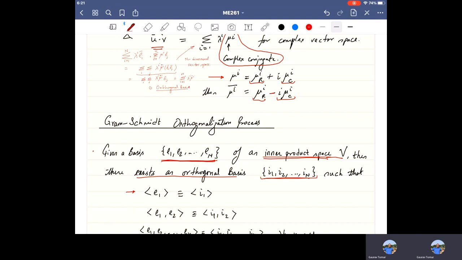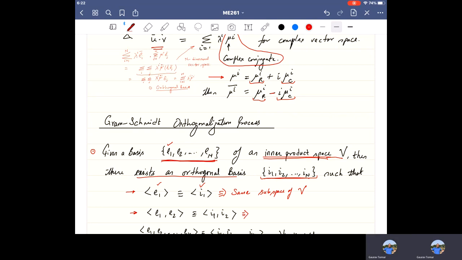Now you can always define an orthogonal basis in an interesting way, such that the span of the first vector E1 is the same as the span of I1. That means they are spanning the same subspace of the bigger vector space V. Now, if you take two vectors E1, E2, then I1, I2 will also span the same subspace.